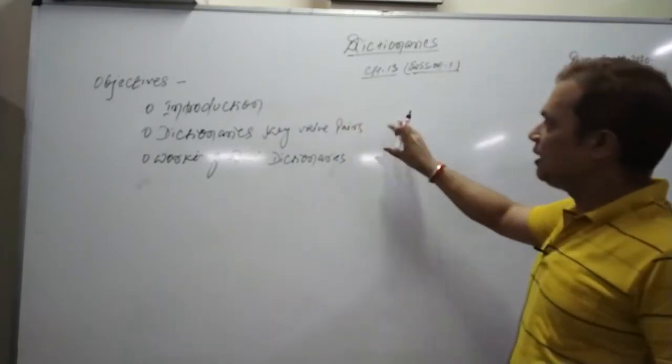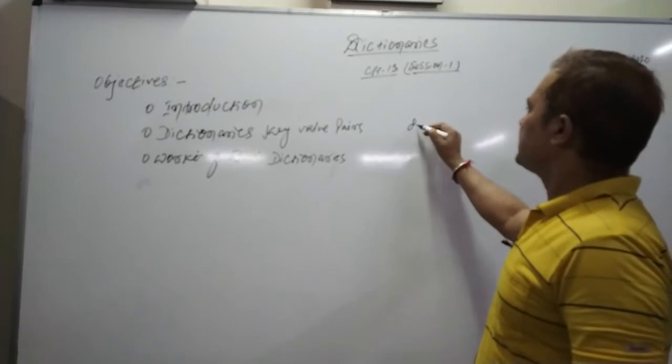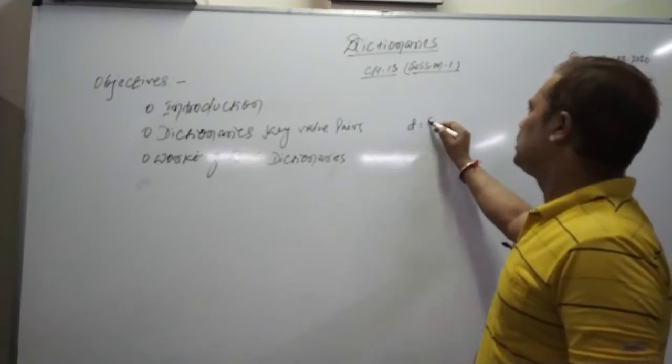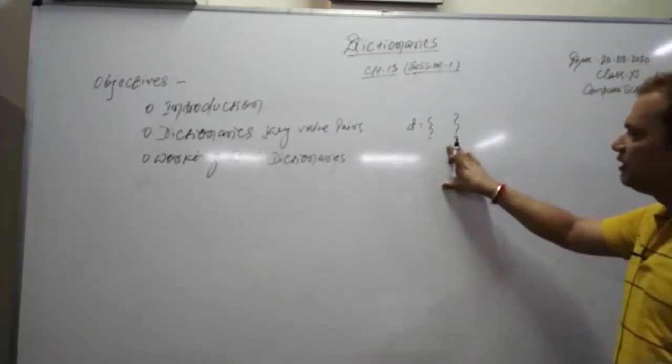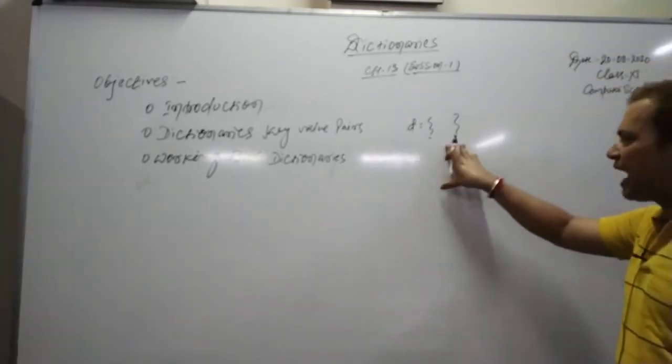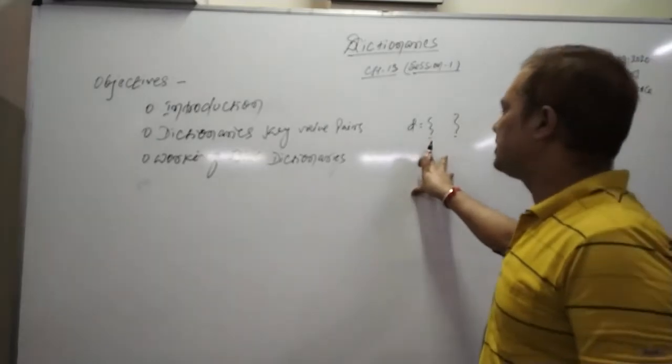A dictionary always starts like d1 equal to, and first and foremost we use the curly braces. Mind it, the curly braces are the brackets that we use to create a dictionary.